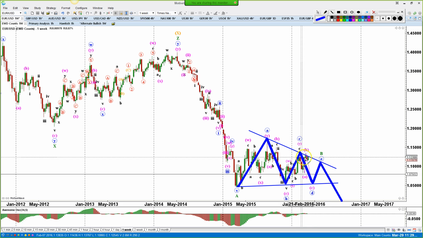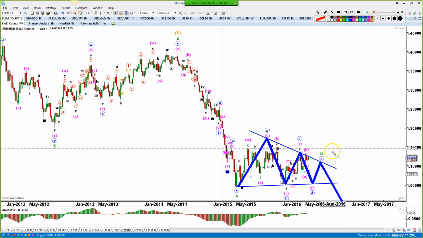Before I continue to lower time frames, it's important to say that this is our main wave count. But as you know, this week we have, at the end of the week, the non-farm payrolls and other fundamentals.